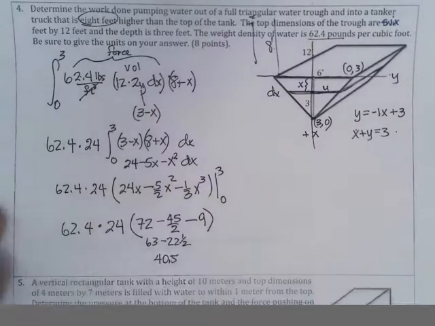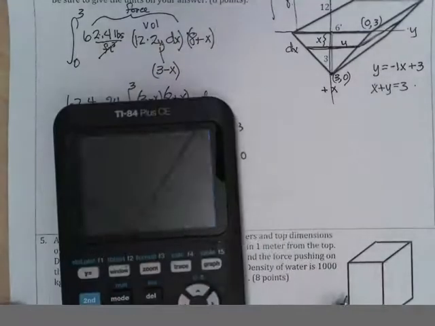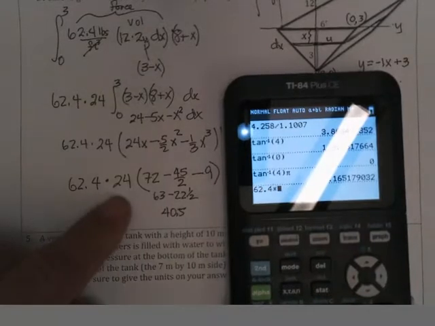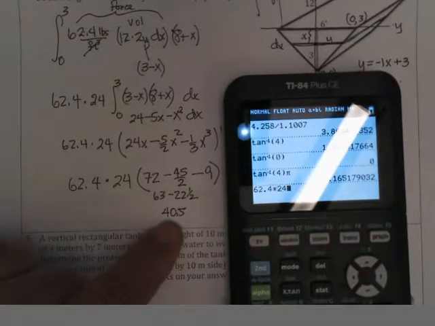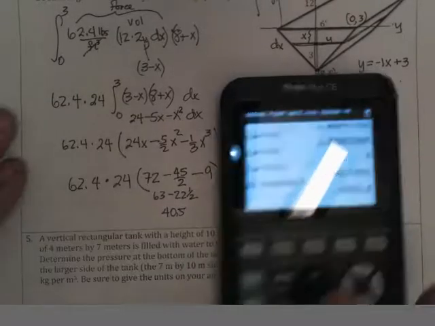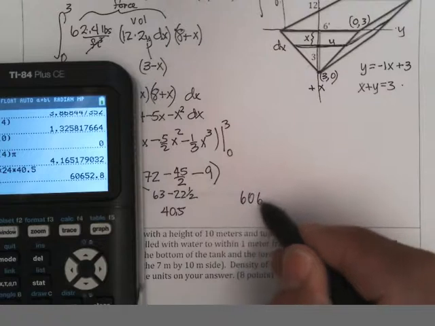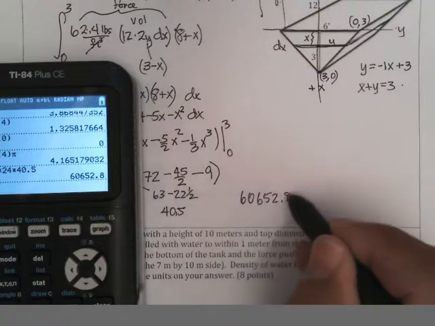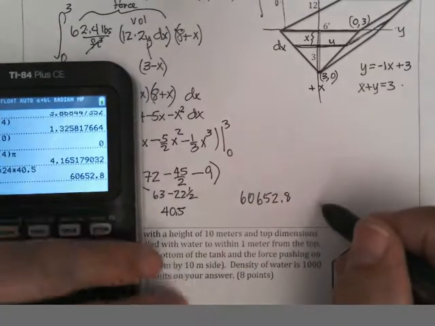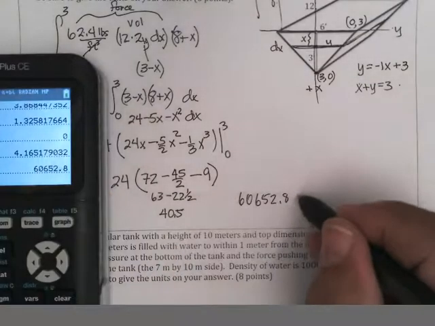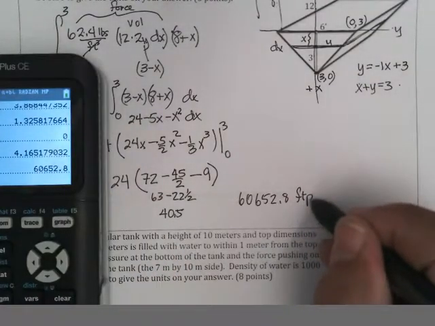So I have 62.4 times 24 times 40.5, and I get 60652.8. This would be the work, so it's going to be foot pounds.